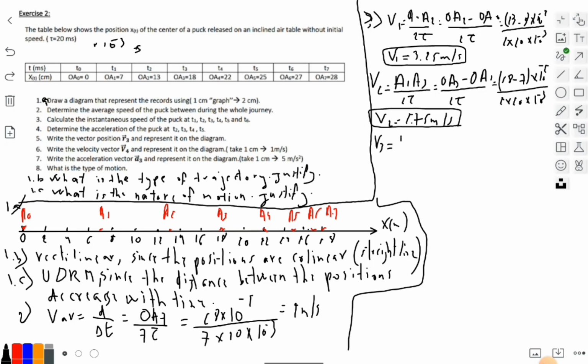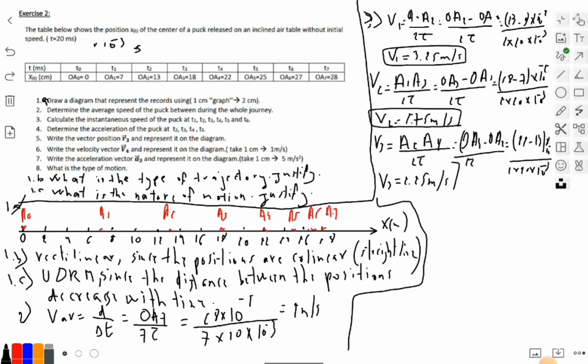V3 equal A2A4 over 2 tau, it's equal to OA4 minus OA2 over 2 tau, equal 22 minus 13 times 10 to the power minus 2 over 2 times 20 times 10 to the power minus 3. So we obtain V3 equal 2.25 meter per second.